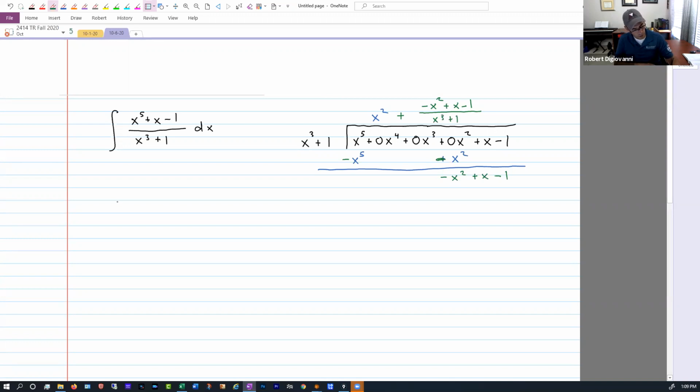So my new integral becomes the integral of x squared plus negative x squared plus x minus 1 over x cubed plus 1. I can do the antiderivative of x squared. That's just 1/3 x cubed. Plus, now this integral, I'm going to have to do something.